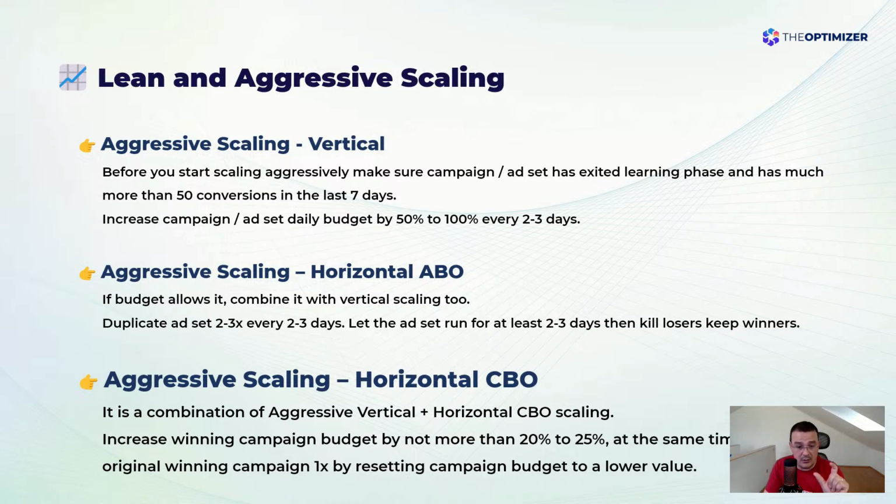with CBO and horizontal. So you do the budget increase on the original campaign, but you also do the cloning of the original campaigns. When you do the cloning, make sure to reset the budget. Whatever campaign is scaled, make sure to reset the budget, because if you're starting the testing with a scaled budget, that might make a bigger hole in your overall ROI.